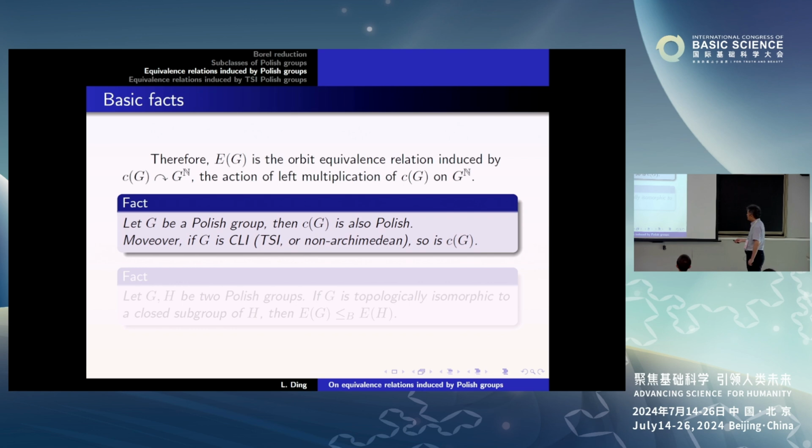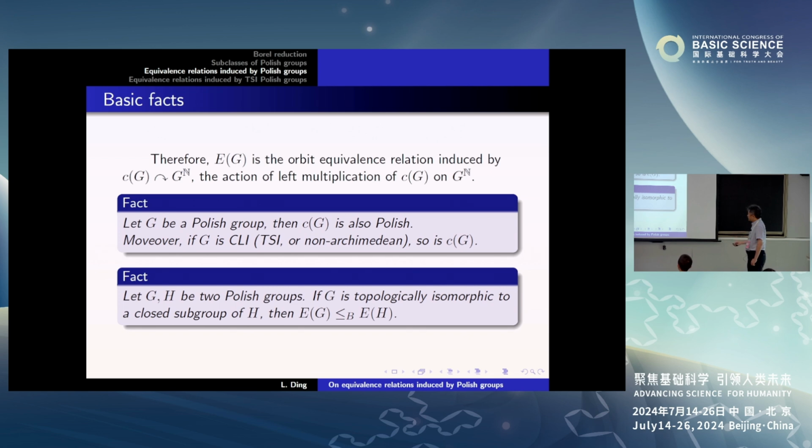If G is TSI, CG is also TSI. If G is non-archimedean, CG is also non-archimedean. All of these are trivial facts. Another trivial fact: let G and H be two Polish groups. If G is topologically isomorphic to a closed subgroup of H, then we can easily see that EG is Borel reducible to EH.